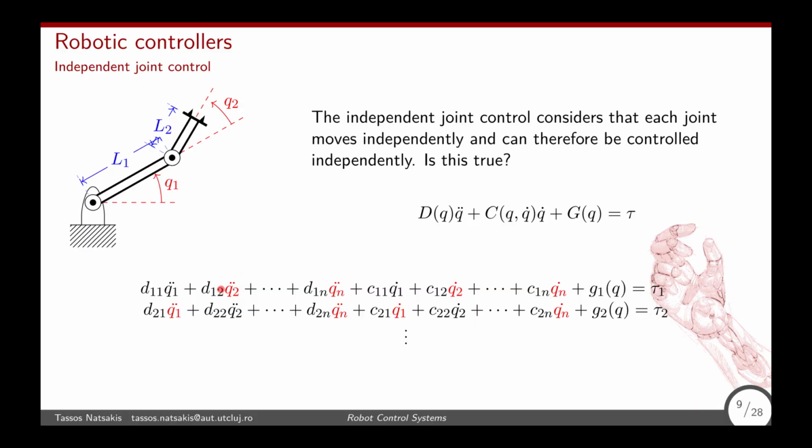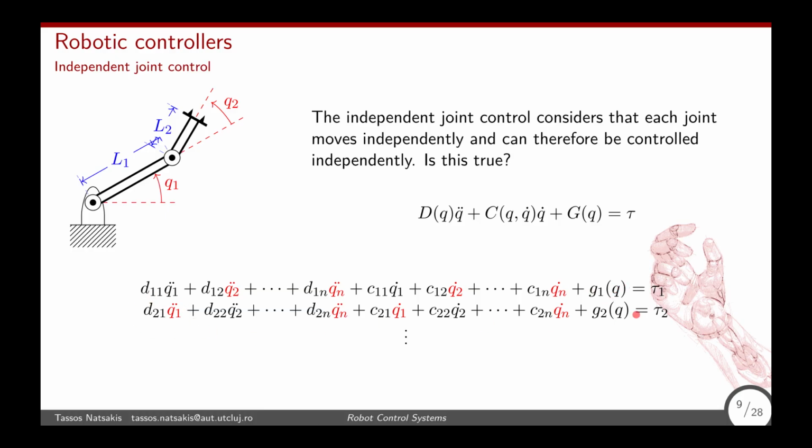So here we have not just Q1 dot dot, but we have Q2 dot dot and Qn dot dot, right? So the accelerations of the other joints will affect the first joint. And the same thing with the velocities. And terms will appear here as well. So here are all the Q's, all the joint coordinates. So yeah, all positions will affect, or anyway, some of them.